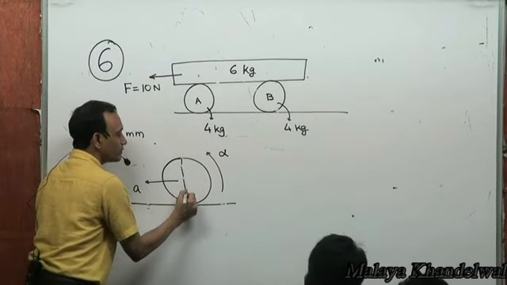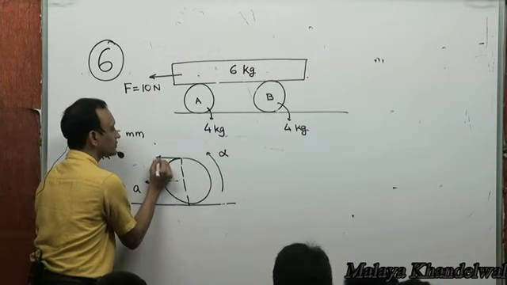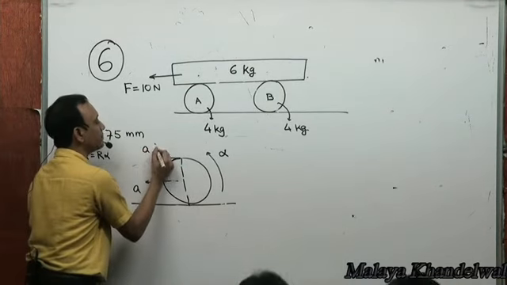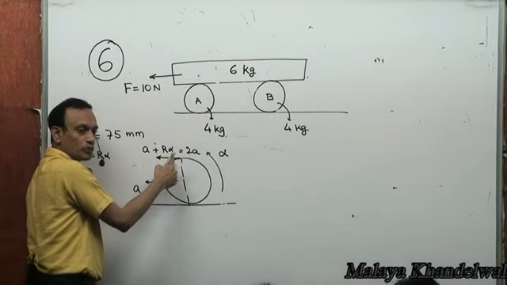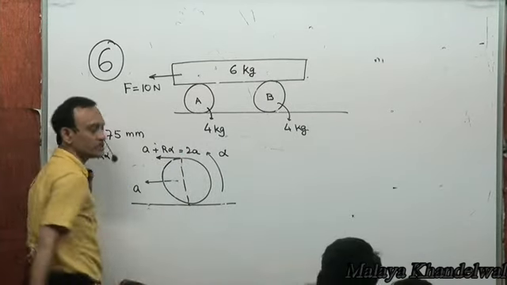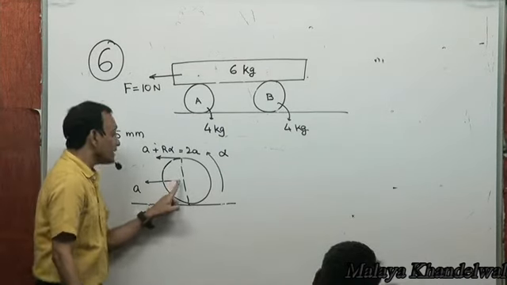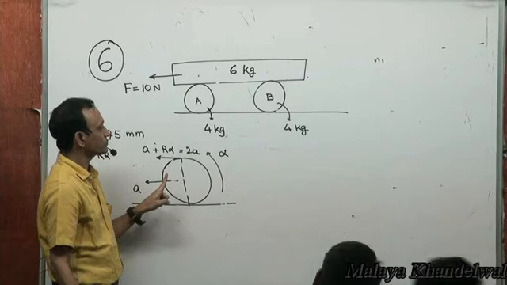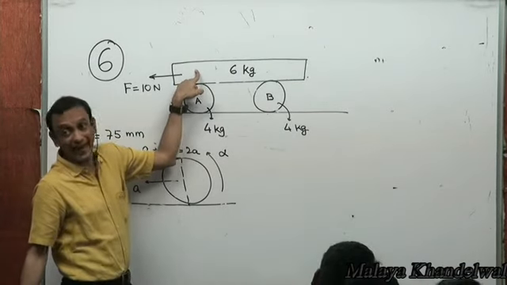And the topmost point of the disk will have an acceleration A plus R alpha, which would be 2A. The acceleration of the topmost point would be 2A, twice the acceleration of the disk, right? Now, if A is the acceleration of the disk, then the topmost point does not slide with respect to the carriage.